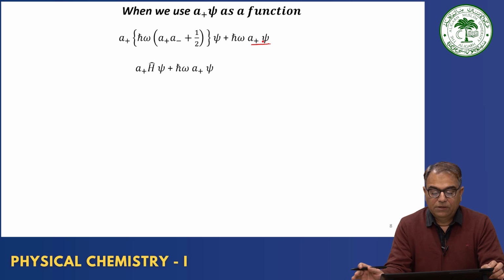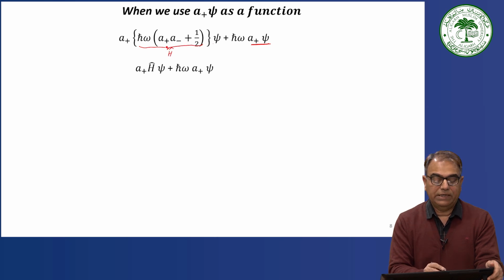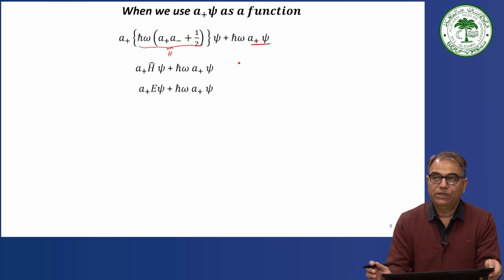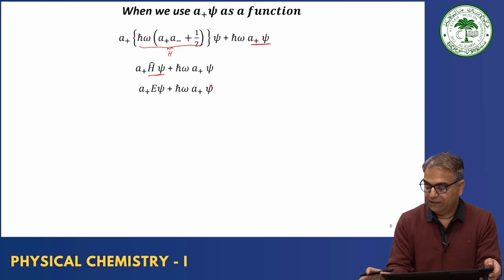So this again is nothing but the Hamiltonian. You can write A plus H psi plus h cross omega A plus psi, and then you rearrange this. H psi is equal to E psi, which we have already written, plus h cross omega A plus psi.